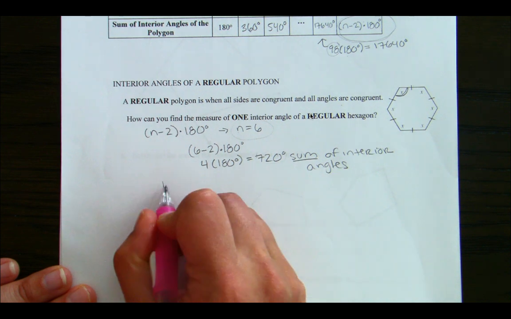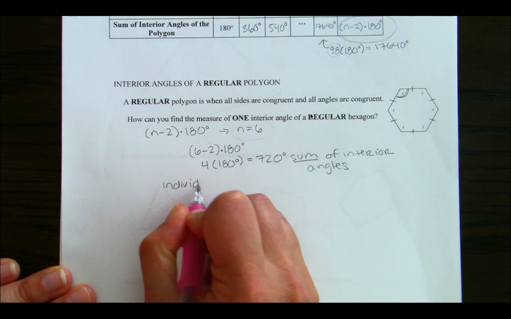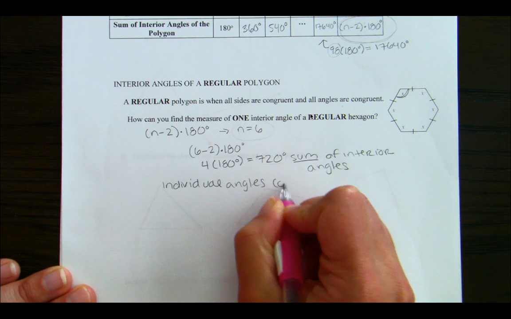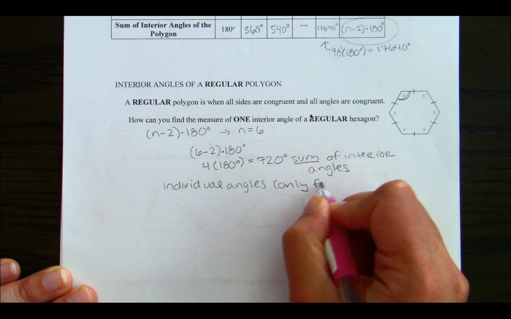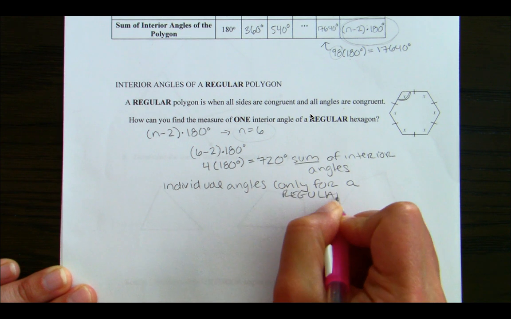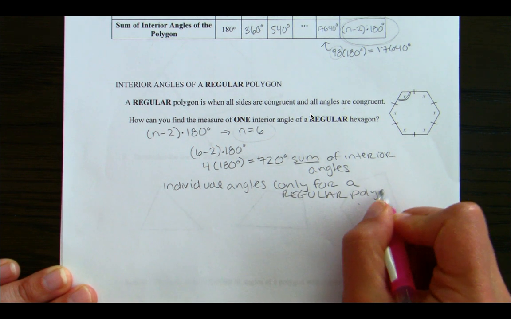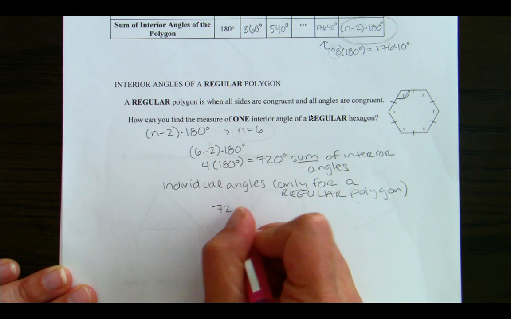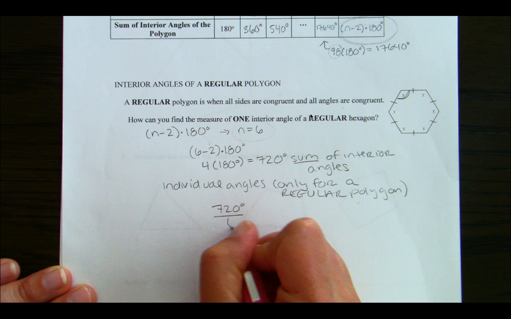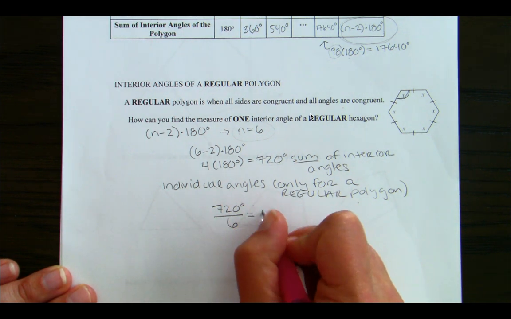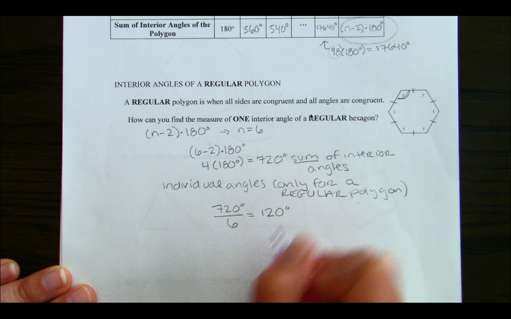So individual angles, only for a regular polygon, should end up being my sum divided by the number of angles I have. So every angle is 120 degrees.